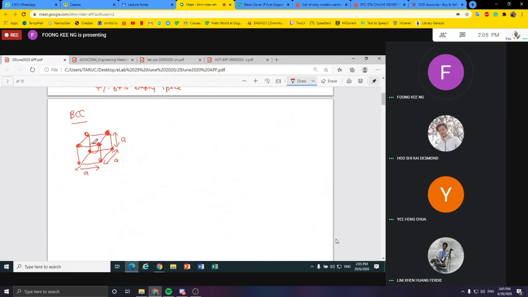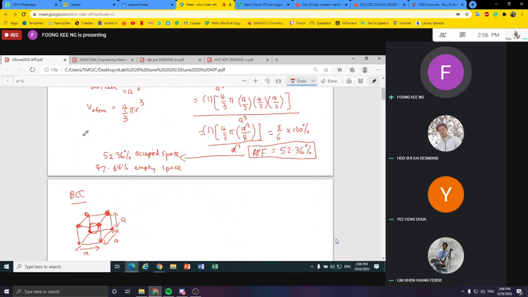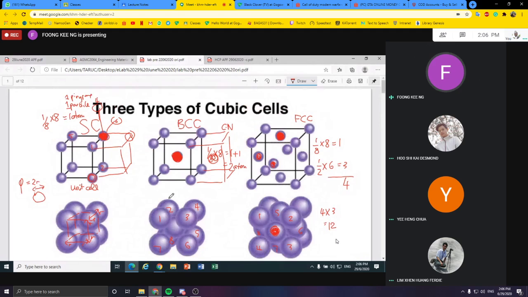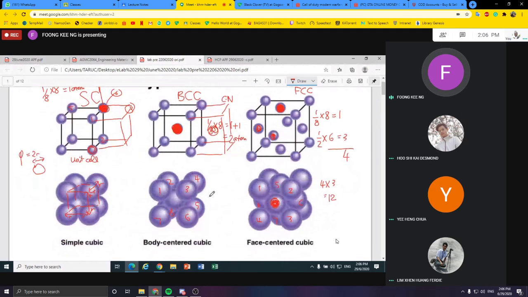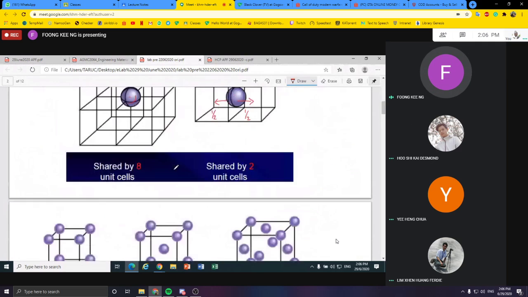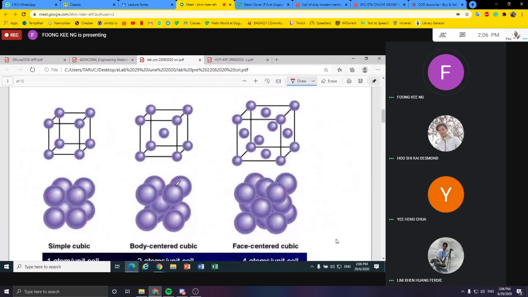Going back to this diagram, what is constant that we can see clearly? If you look from this corner atom going through the atom in the center to the other corner atom, you can see they are touching. How many are there? This is 4.